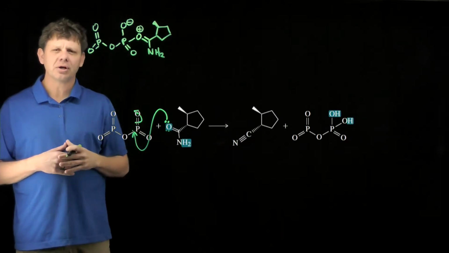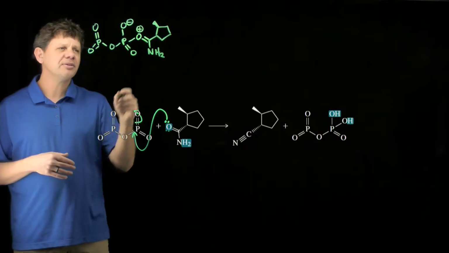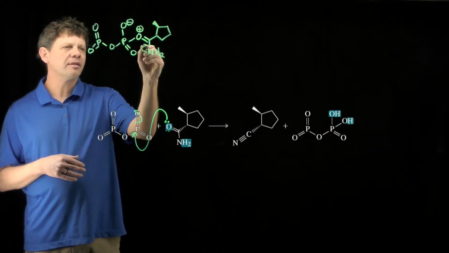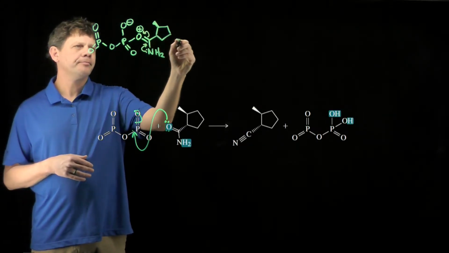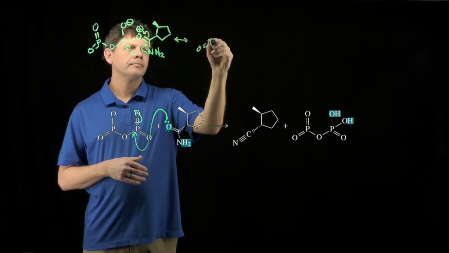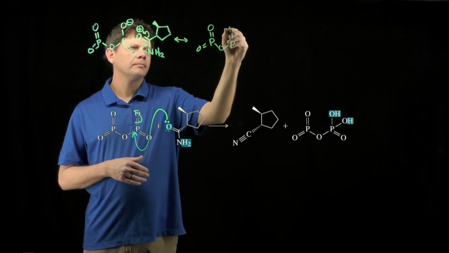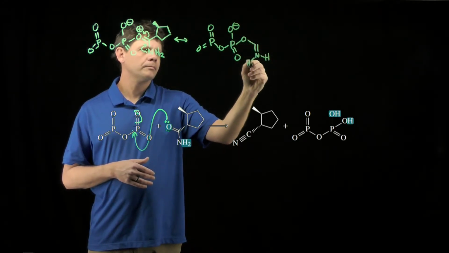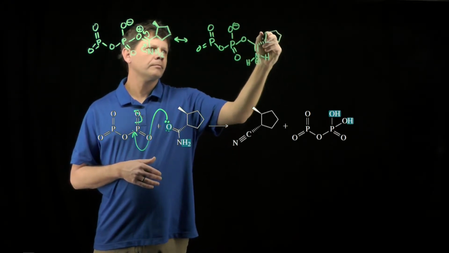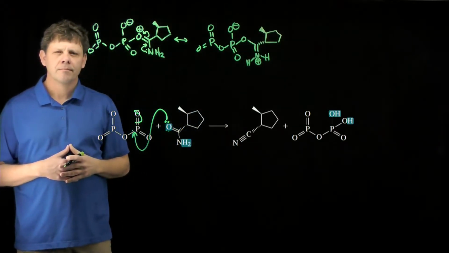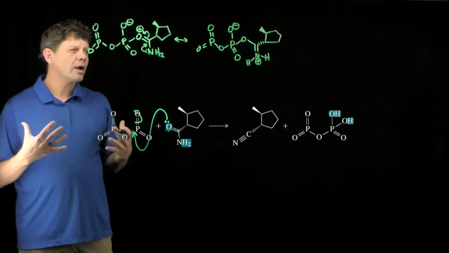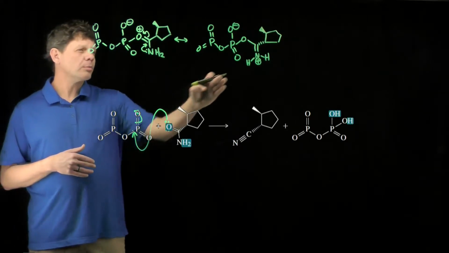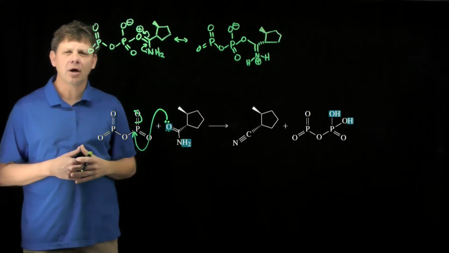Now, this positive charge on oxygen can be stabilized by resonance with the nitrogen. If we look at where that gets us, it forms the first nitrogen-carbon pi bond.